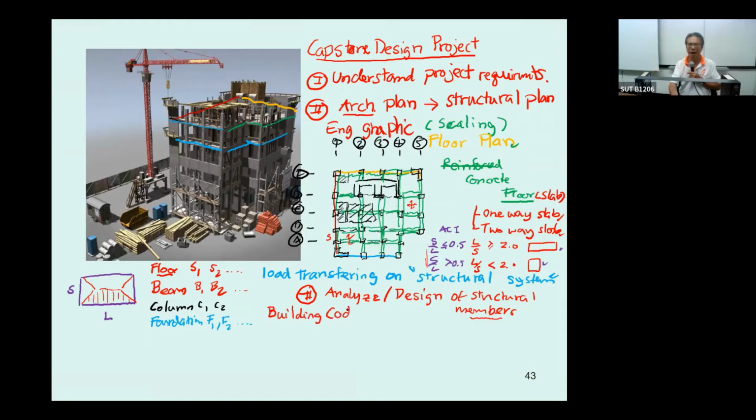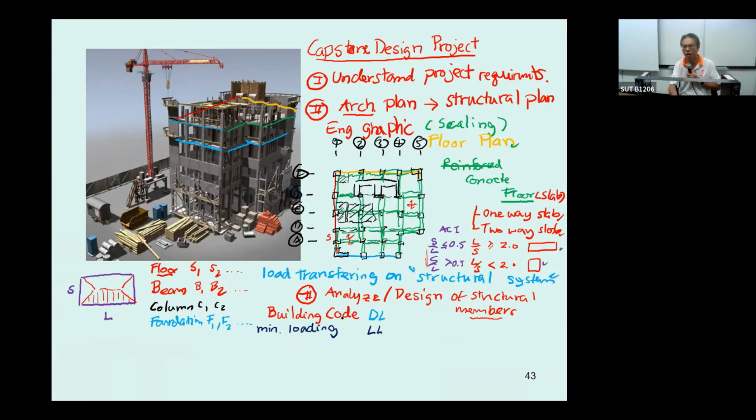In Thailand, we have the ministerial code for the estimation of the dead load and also the live load. You are going to find the minimum loading that is required to put into your structure.